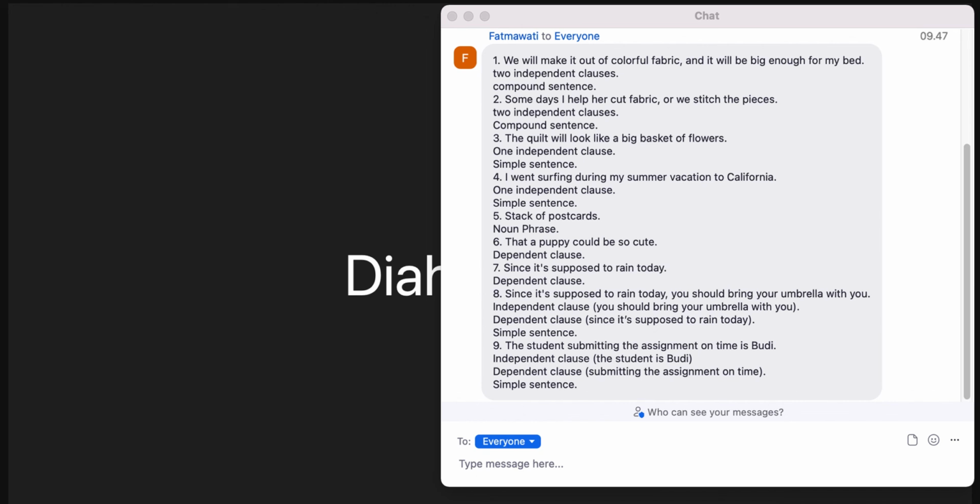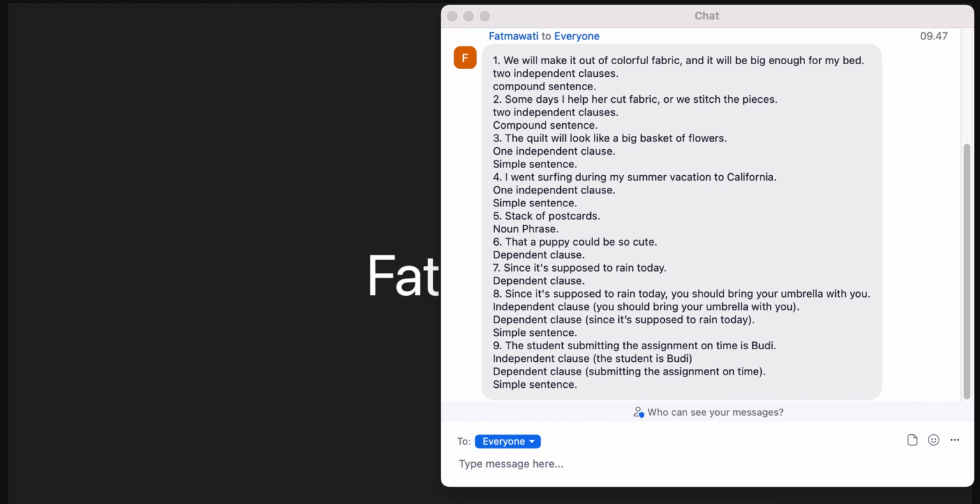Berarti nomor 8 masuk kategori yang mana? Compound. If it is compound, no coordinating conjunctions. Kan coordinating conjunctions for compound are and, but, or, so. Dan harus independent clause ya, Mas.